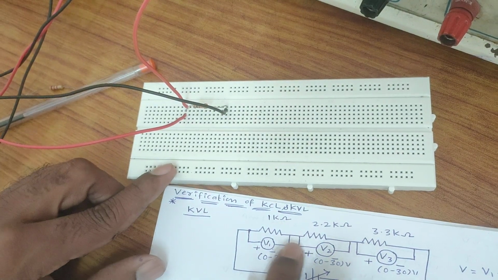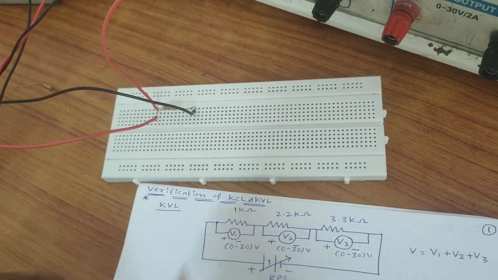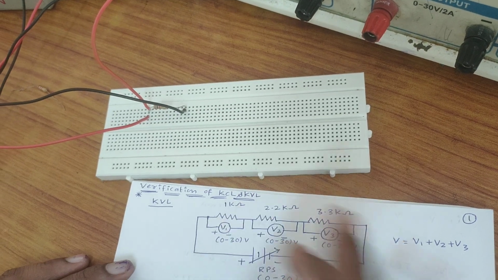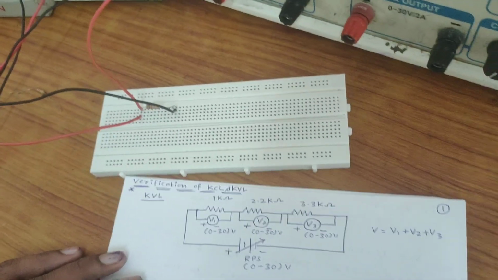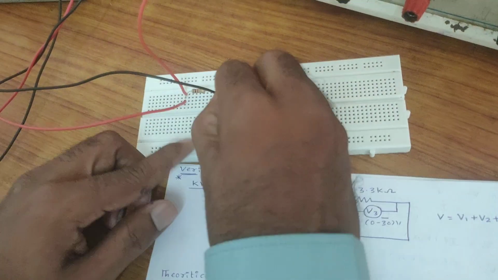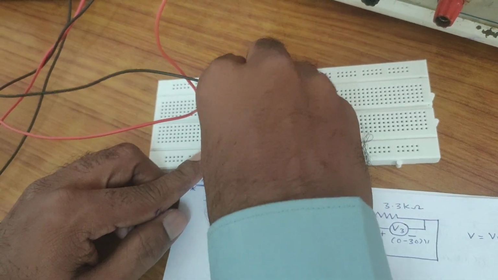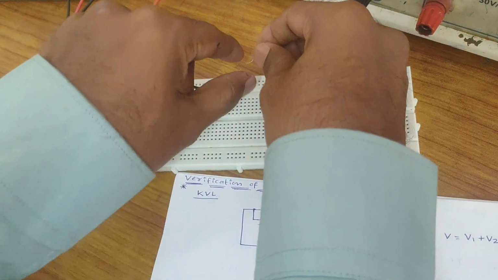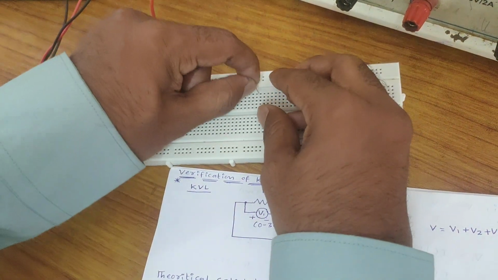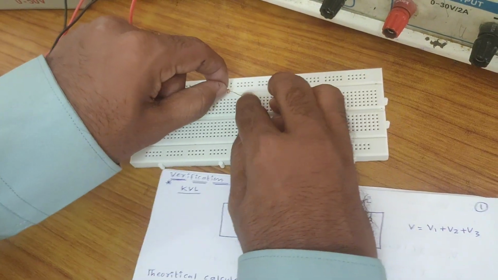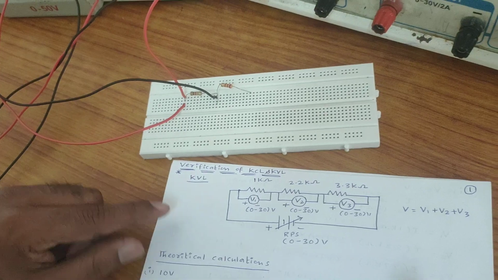Next, at this point another 2.2 kilo ohm resistor starting point is there. This 2.2 kilo ohm resistor ending point is connected at another port. Different points will be connected in a horizontal line.